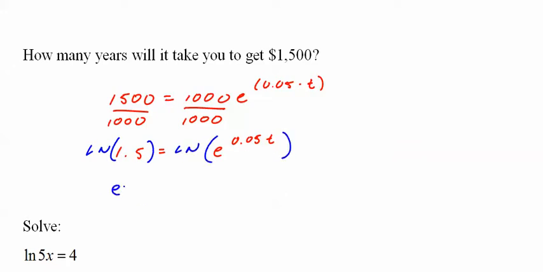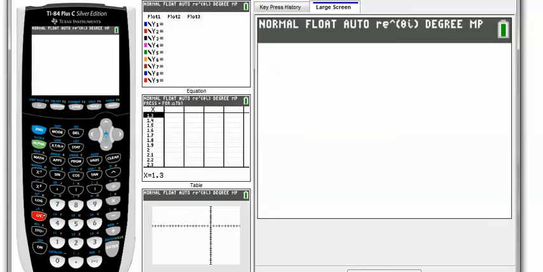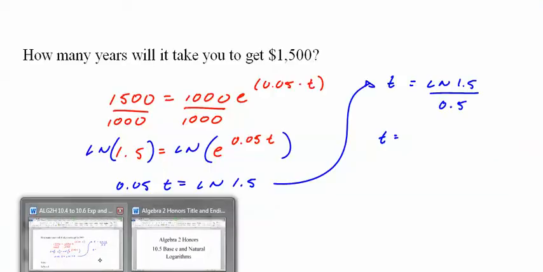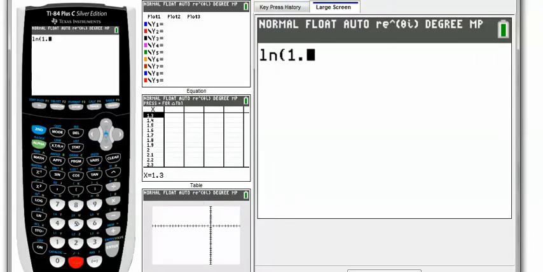The e vanishes. 0.05t equals natural log of 1.5. t equals natural log of 1.5 over 0.05.